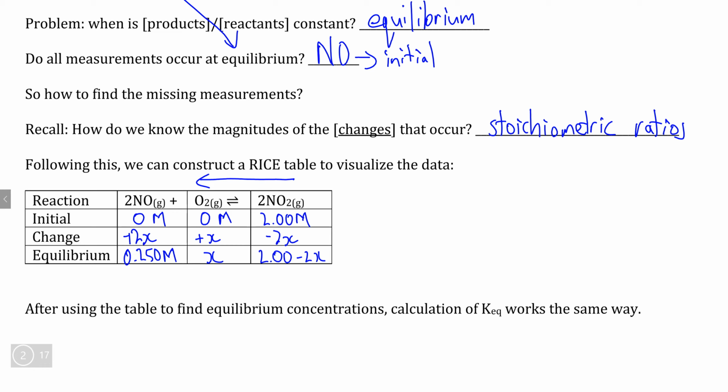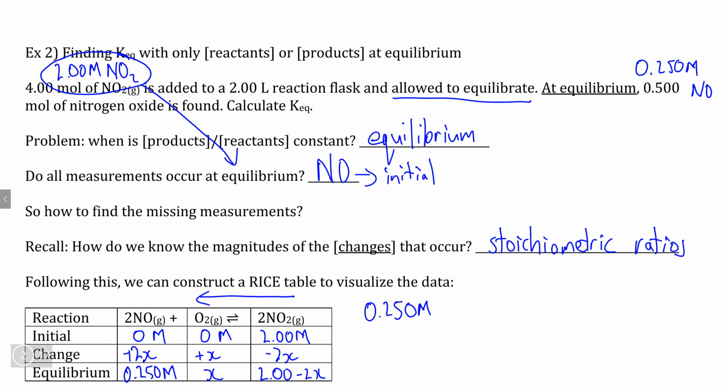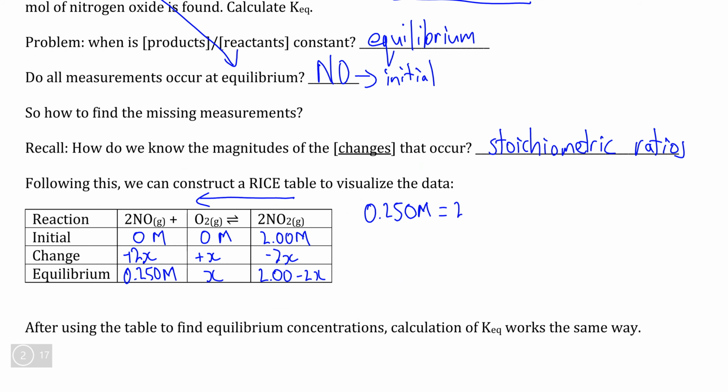And fortunately, we are given one of these quantities at equilibrium, so we're told that 0.250 moles per liter, which is our equilibrium quantity of nitrogen monoxide, must be equal to 2X based on how the equilibrium worked, meaning that X must be equal to 0.125 moles per liter, and now that means we have also found the concentration of oxygen gas at equilibrium, and the calculation to find the concentration of nitrogen dioxide is relatively straightforward.